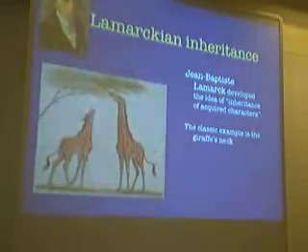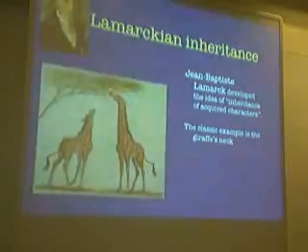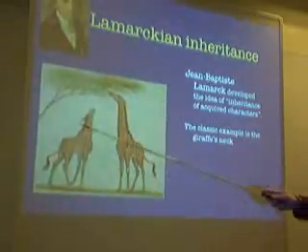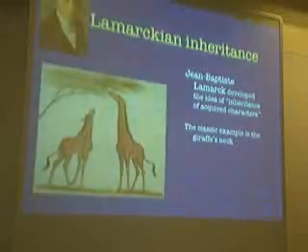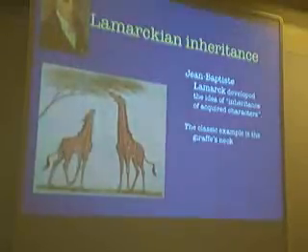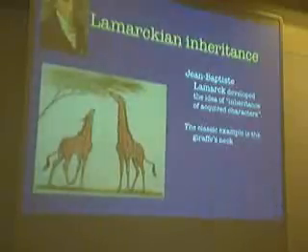It might get slightly longer. That change during the life of the giraffe would then be inherited by the next generation. Okay, so they're talking about a direct inheritance of a character, the length of the neck, that's been acquired during the life of that organism by trying to do a particular thing.